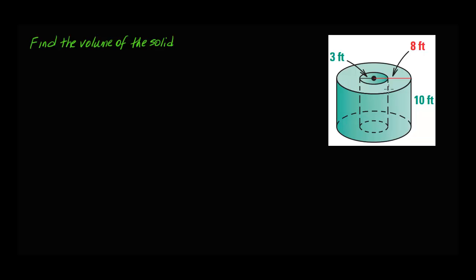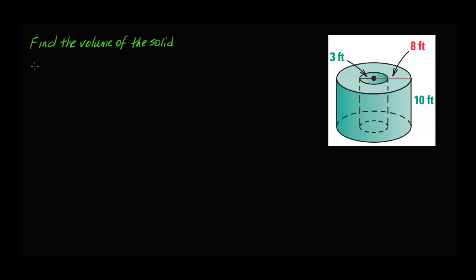A donut has a hole that's cut out from its center, okay? So already I know that I need to find the volume of the whole cylinder, the whole solid. And then I'm going to find the volume of the smaller cylinder that's been cut out, and I'm going to subtract it because it's been cut out, so it's been removed. And the way we remove in math is by subtracting.